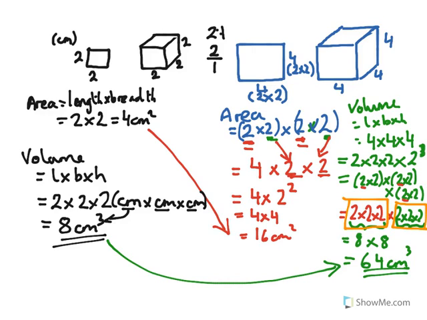So the increase in volume is multiplied not by 8, but you should always think of it as the increase in the dimension, which in this case was we doubled it, so we multiplied everything by 2, but we multiplied it by 2 cubed because we multiplied the length by 2, the breadth by 2, and the height by 2. So we multiplied by 2, by 2, by 2. And this sort of explains the reasoning why if you double the length, you automatically increase the area by 2 squared. If you double the length, you automatically increase the volume by 2 cubed.